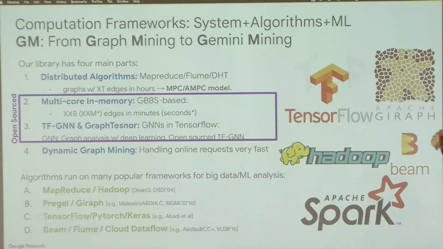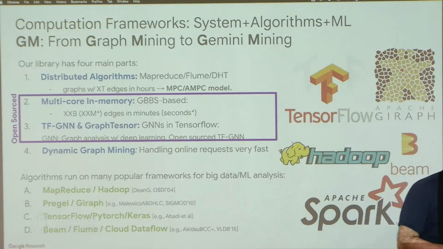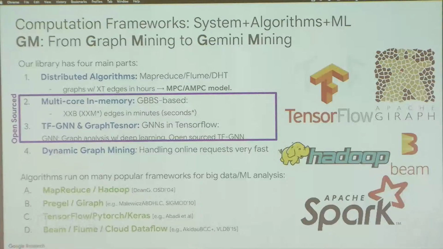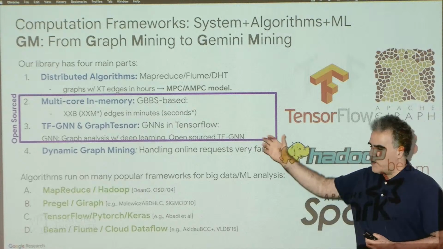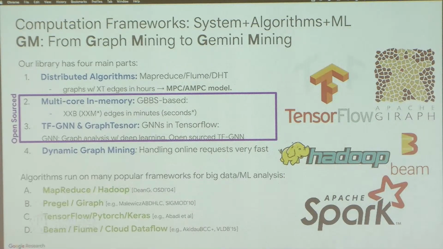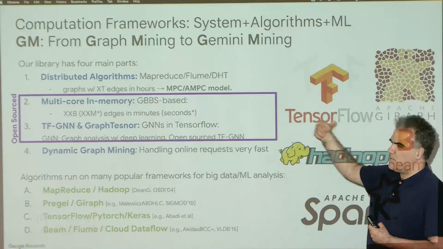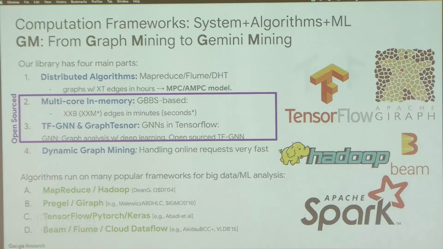Then we have a library that handles graphs with up to hundreds of billions of edges, maybe tens of billions of nodes, on a single machine in a multi-core way in minutes or seconds. And we have a library under TensorFlow integrated with the rest of deep learning work like graph neural networks, TFGNN, and another internal tool for dynamic graph mining.